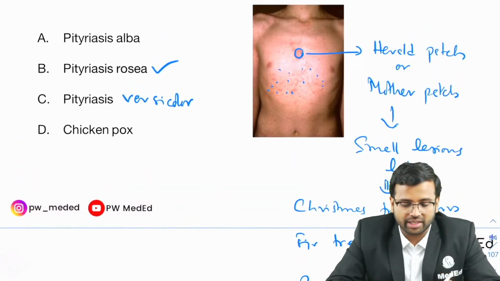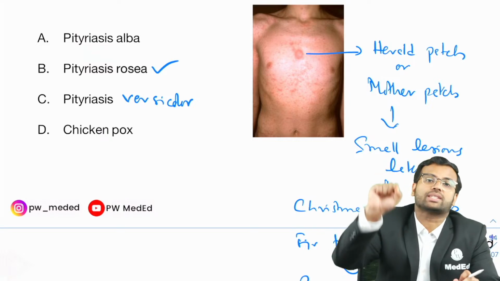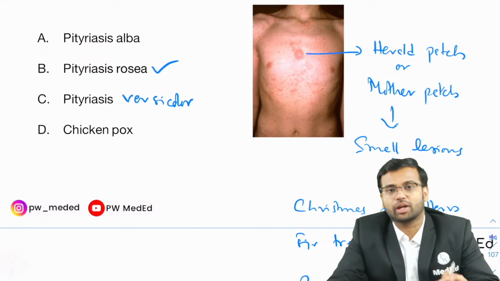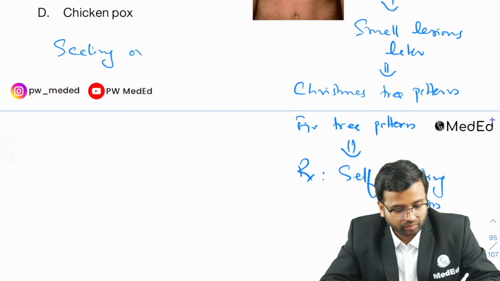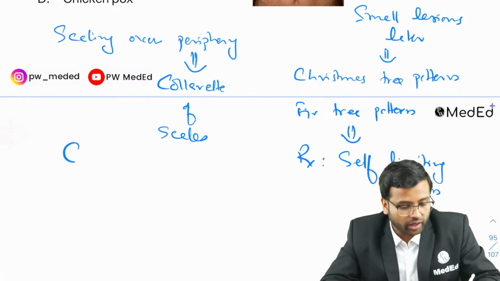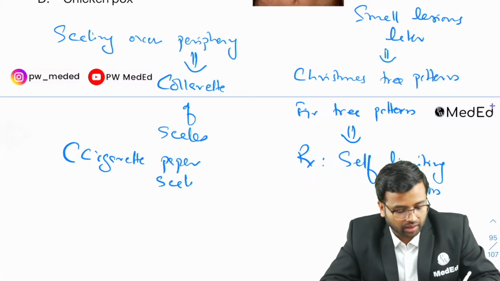Now if you examine these lesions, people are already answering in the chat box. There is a peculiarity for the scaling that you see in these lesions. What is the peculiarity of the scaling? The scaling is in the periphery of the lesions, and these peripheral scales are compared to a collarette of scales, or cigarette paper like scaling.